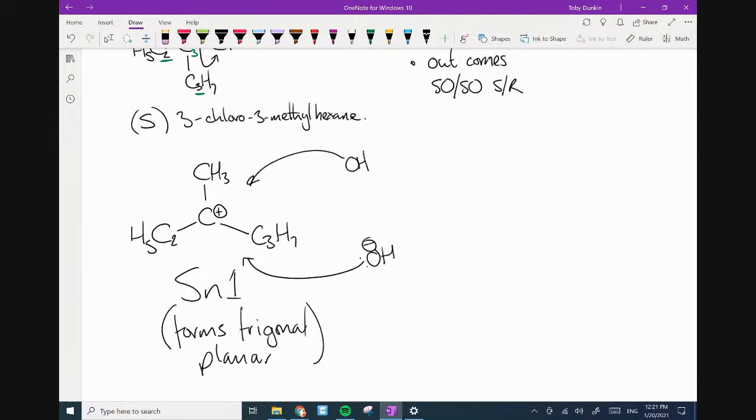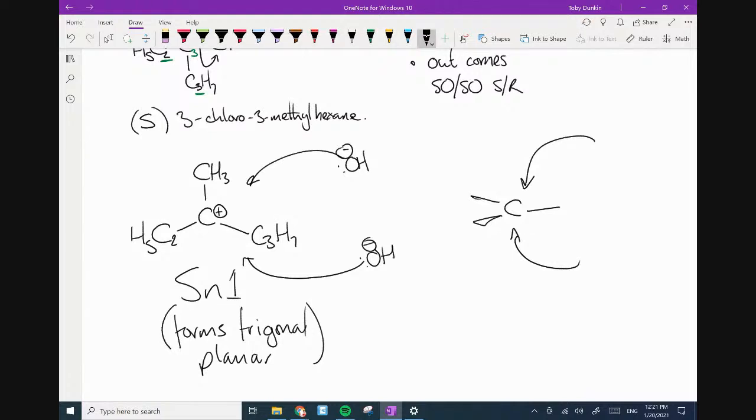How about the other side? Does that make any sense? Remember, this is actually flat. Yeah, they're attacking above and below. They're not attacking into the gap. Yeah, they're attacking above and below it.